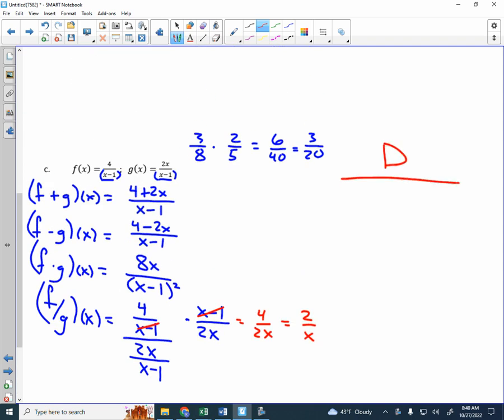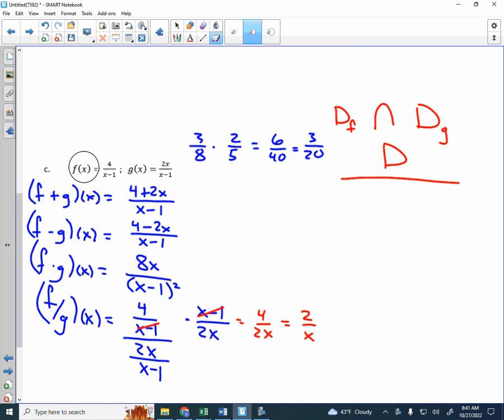The domain, remember, is going to be the domain of f intersect the domain of g. So we're looking at the overlap of the two domains. So as I look at the domain of f, what number can you not plug in for x? 1. Why can you not plug in 1?